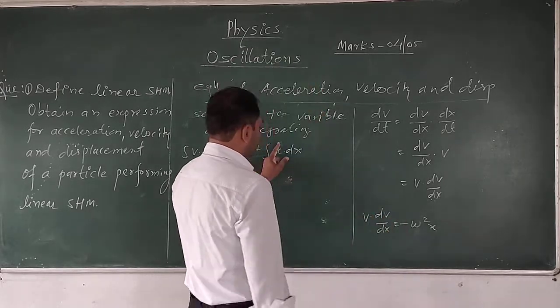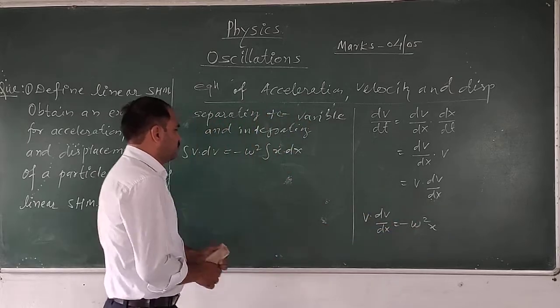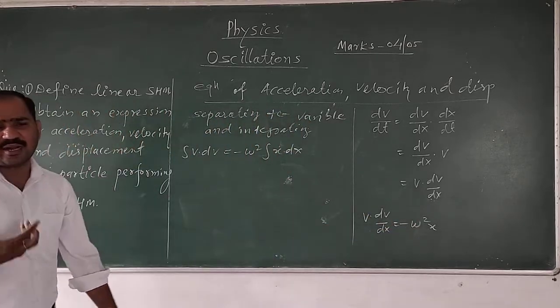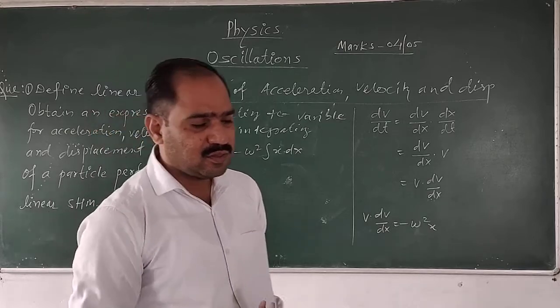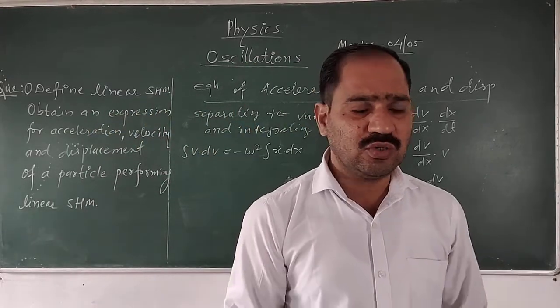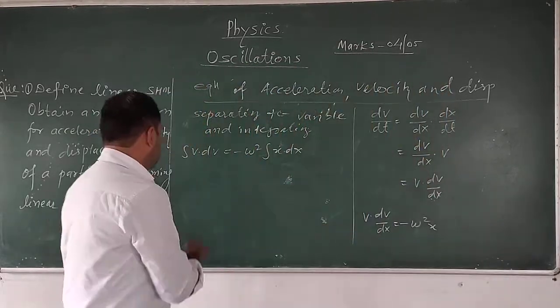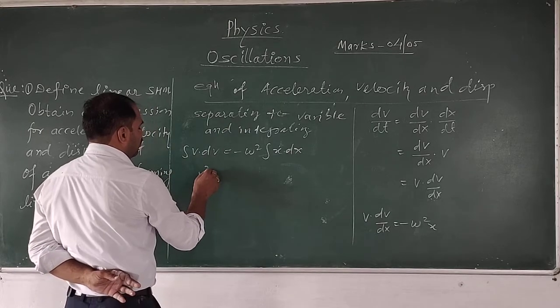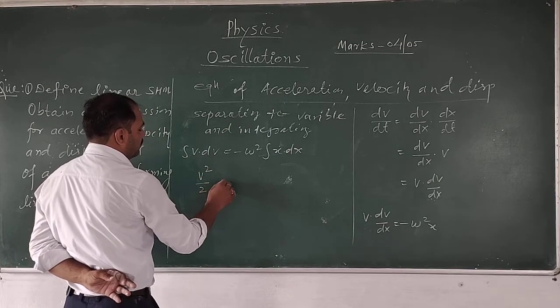Therefore, x dx. The integral of v dv has a standard formula: v to the power 1 plus 1, that becomes 2, divided by 2. After solving, it is v square upon 2, the standard form.